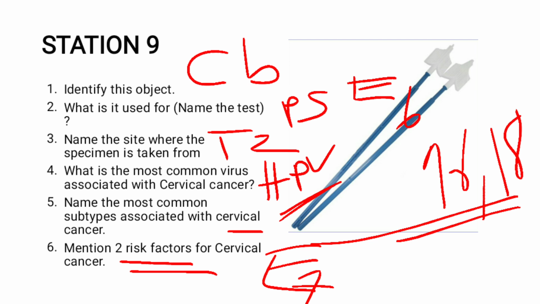Remember we said this protein E7 binds and degrades the retinoblastoma gene. So when the retinoblastoma gene is degraded, this inhibitory factor against excessive cell growth is lost.